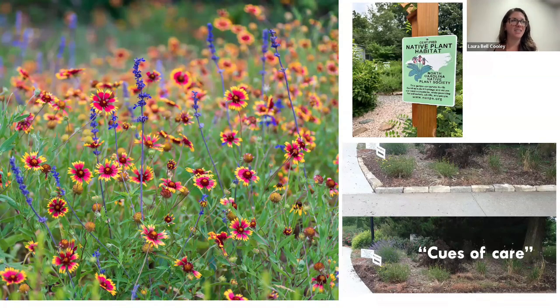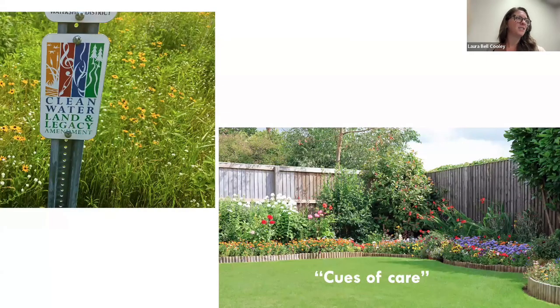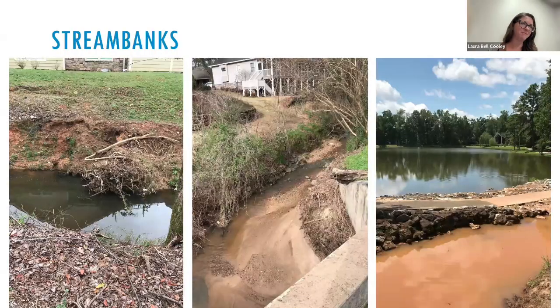And I'll just say there are ways to do that really artfully and to incorporate what I like to call cues of care, where you're indicating that this is intentional, but it can look natural, and it can look good, especially when you communicate that through tidy borders or even signs or things like that. These are just a couple examples of signs or borders that can make a garden bed a little more palatable if you're in an HOA. So just something to think about.